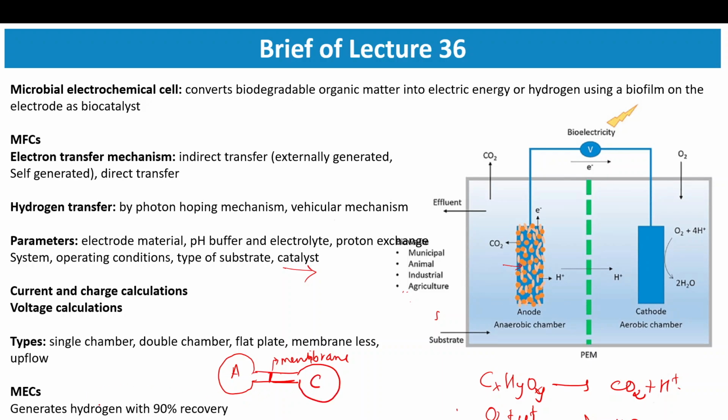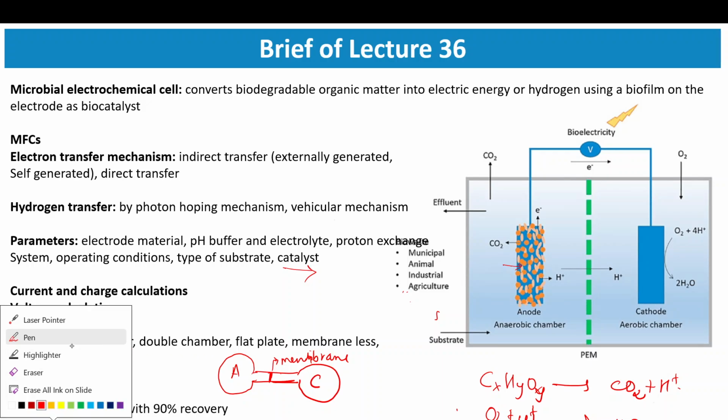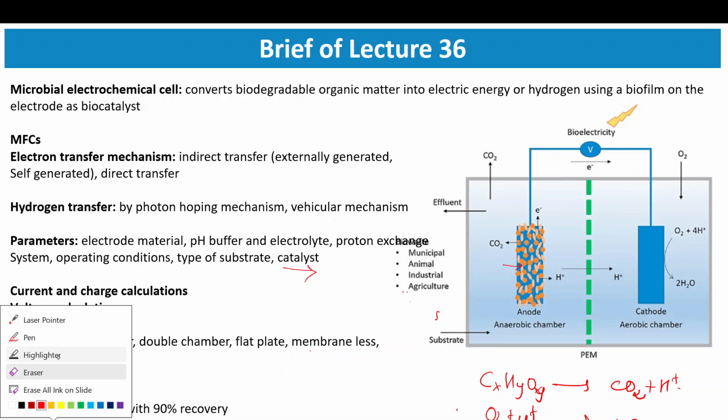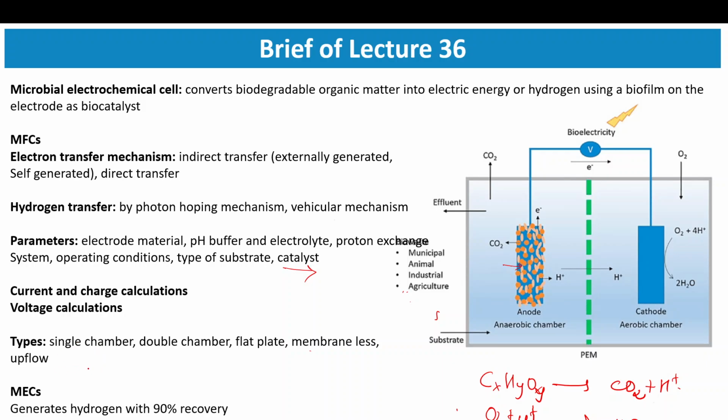Similar to this, you can have single or multiple chambers, or instead of a membrane, you can have something else for the partition, or no membrane at all. So certain variations you can have, right? And yeah, this is all about the microbial fuel cell.